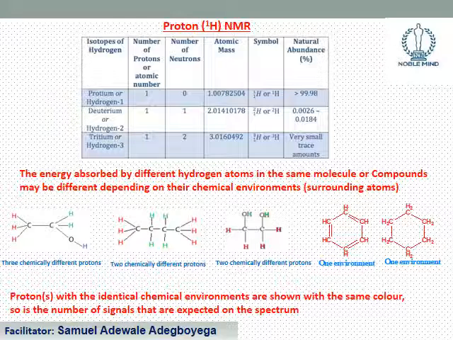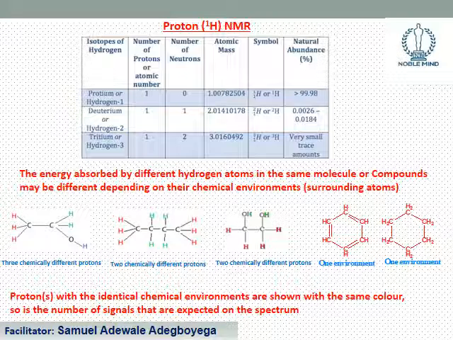So let's talk about proton NMR. We display here the table showing the isotopes of hydrogen. We have proton, or you call it protium, deuterium, that is hydrogen 2, or tritium, hydrogen 3.